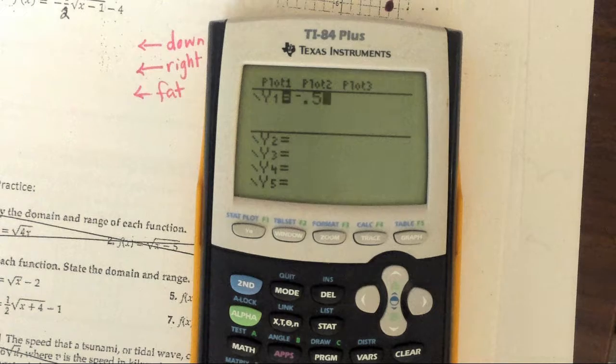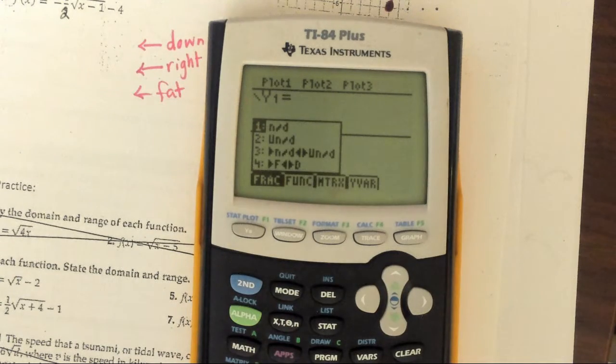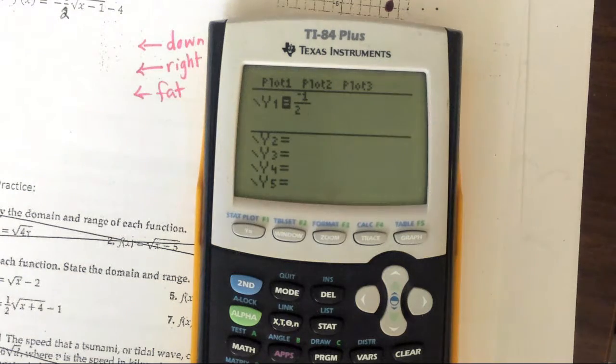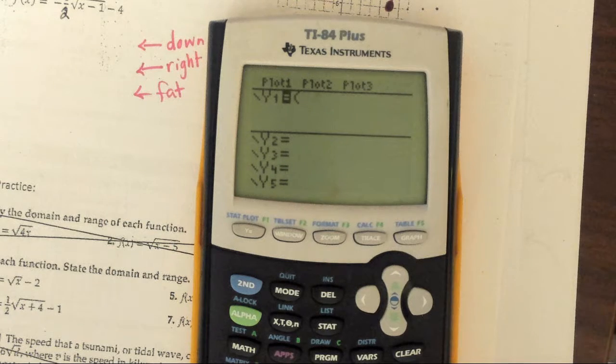Yes, so negative 0.5. It is alpha y equals, and you could say I want to do a decimal, so negative 1 divided by 2. So any of these are going to work. They're all completely acceptable. But I am like Paige, and I don't have time for all this extra button pushing. And I like parentheses, so I would probably just do parentheses, negative 1/2.